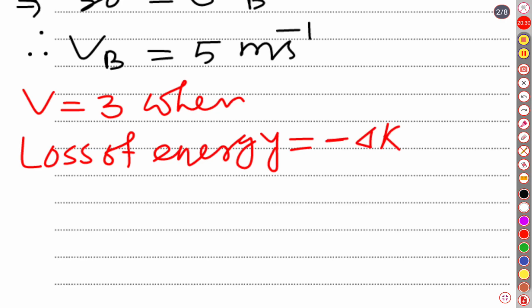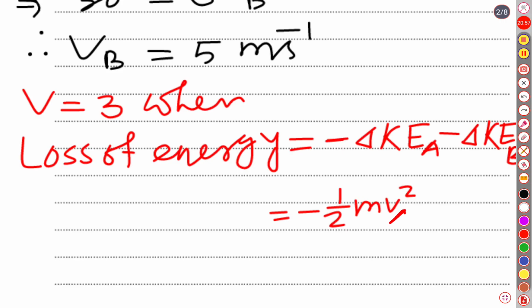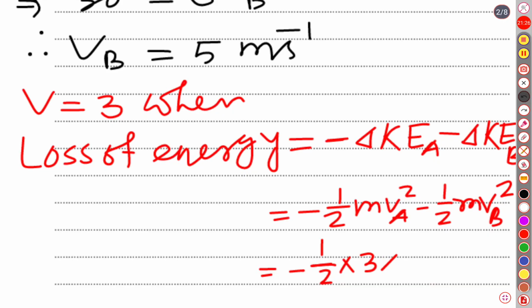You know the formula: loss of energy is equal to negative change in kinetic energy of A minus change in kinetic energy of B. The change in kinetic energy is half m v square of particle A minus half mass into velocity square of B. Now we apply the values we have: negative half, mass of particle A was 3 kg, and in velocity, please don't get confused.